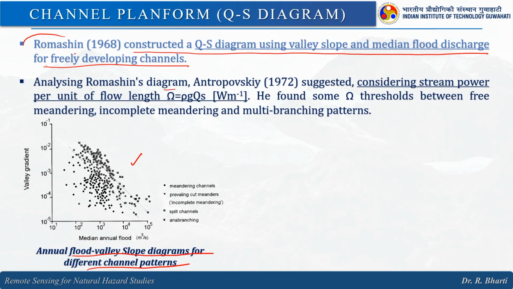Analyzing this diagram, then again it was suggested, considering stream power per unit of flow length, that omega is equal to rho g QS, right, and the unit is watt per meter. He found some omega threshold between free meandering, incomplete meandering and multi-branching pattern.